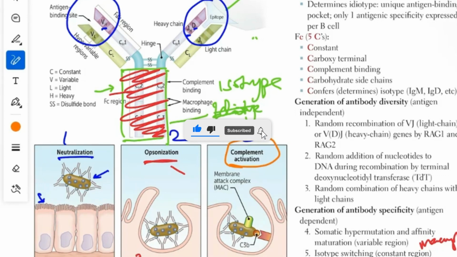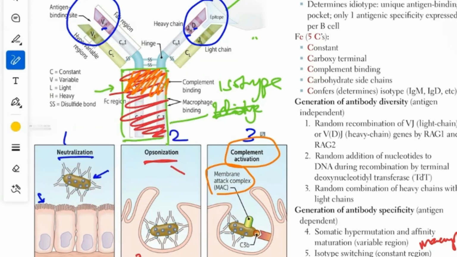Just like we have coagulation factors, you have the complement proteins in the bloodstream, and they are there to defend the body against pathogens. The antibodies will bind to those pathogens and activate complement proteins, which can form a protein structure that will perforate the wall of the pathogen, allowing it to swell and burst. So the part of the antibody structure that activates complement is the CH2, as we mentioned.